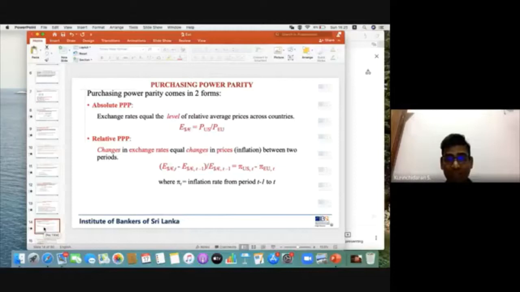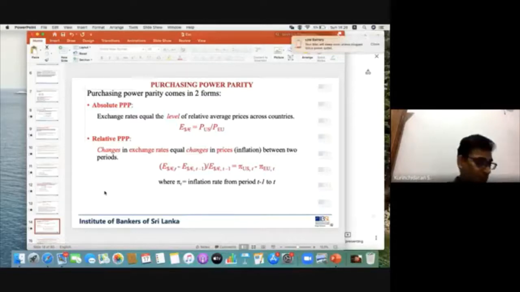Equal to what? US inflation, today's US inflation minus today's EU's inflation. Means what? The price changes in US minus price changes in EU. So this is relative purchasing power parity.